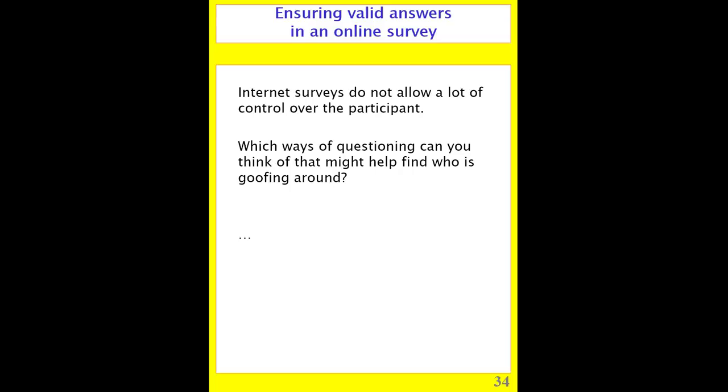And the disadvantage of this is, as soon as people find out that this is happening, they start getting annoyed. And if they get annoyed, they're more likely to stop. So that's the risk of these kinds of questions. You don't want too many of them, or too many that are totally obvious, because people don't like it. Other ways to do it, yeah.